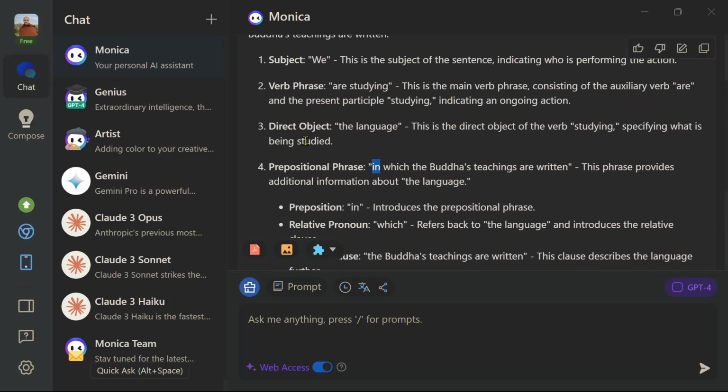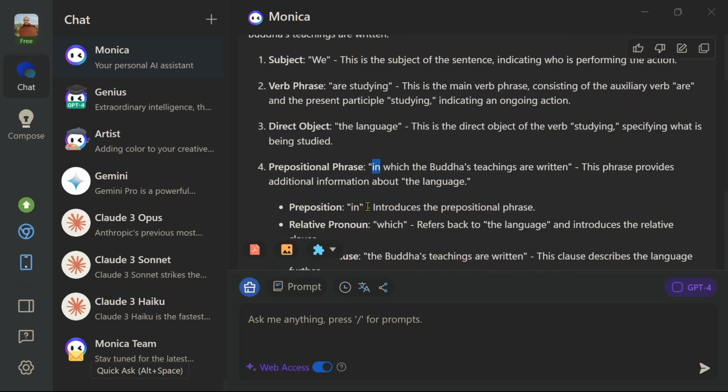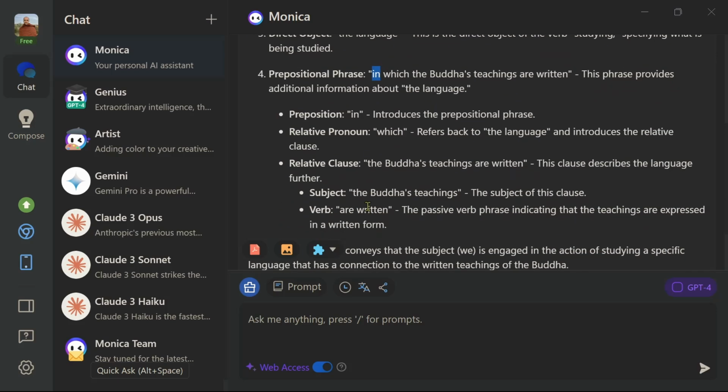This phrase provides additional information about the language. We're talking about the language. The preposition is "in." Relative pronoun, this we understood: which refers back to the language and introduces the relative clause. It's also a clause, you see? Now the relative clause is this: the Buddha's teachings are written.